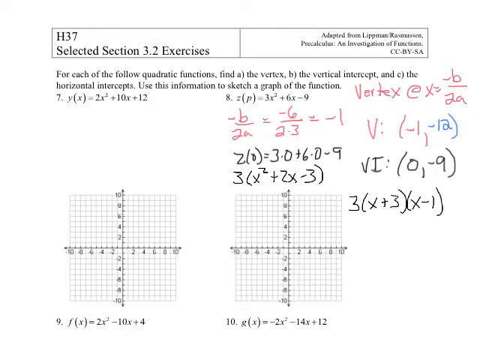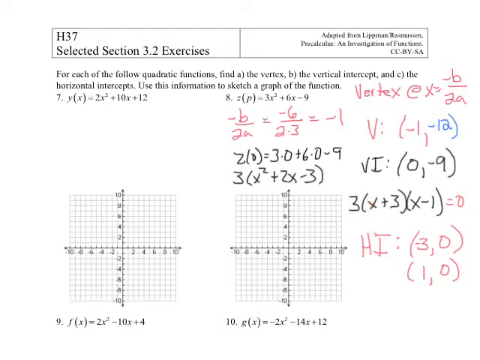And to find the horizontal intercept, we set that equal to 0, and we apply the zero product property, and we get horizontal intercepts at -3, 0, and 1, 0.